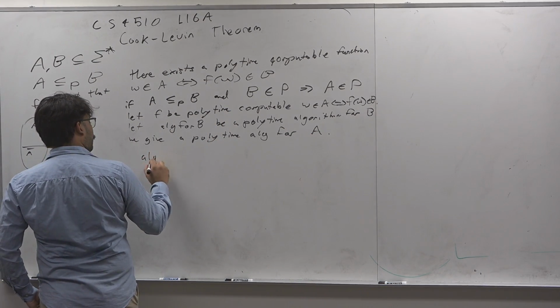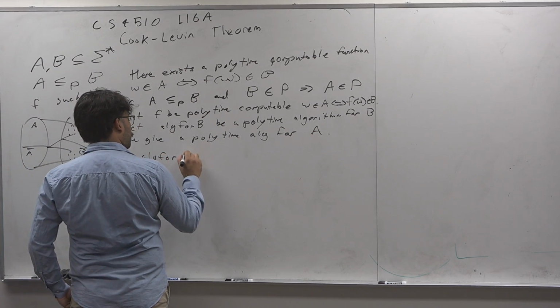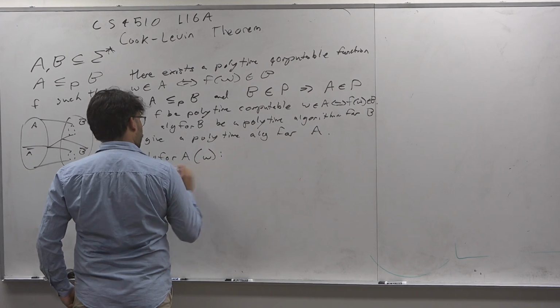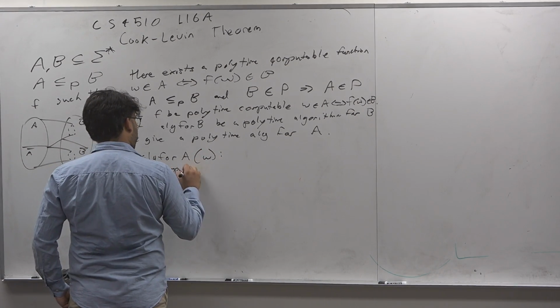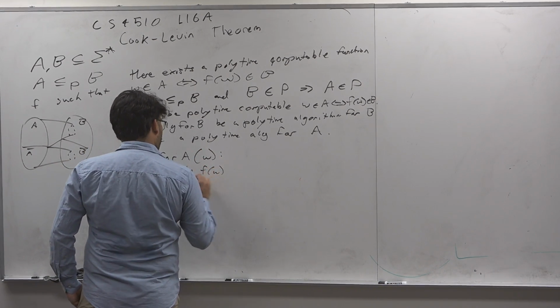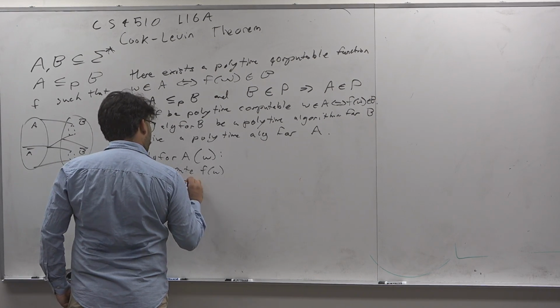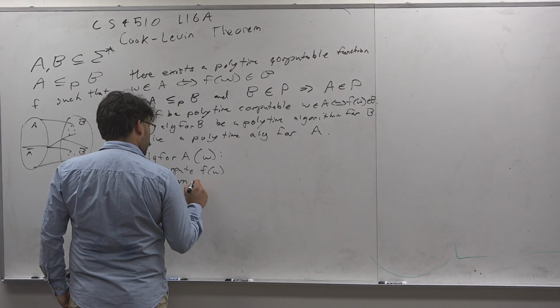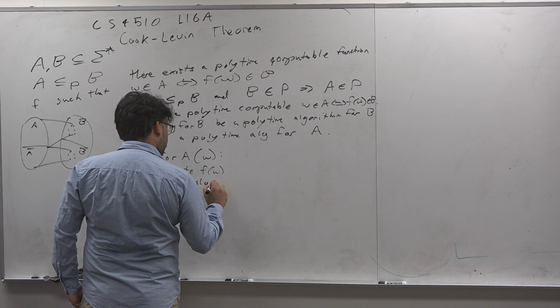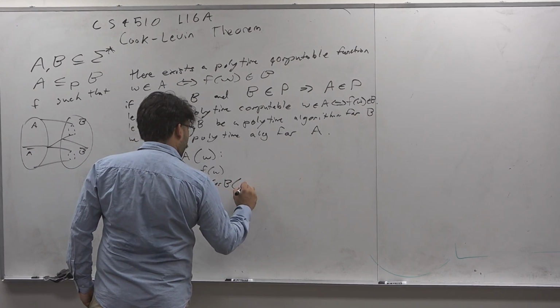Alg for A, on input w, is going to first compute f of w, and then it's going to return alg for B on f of w.